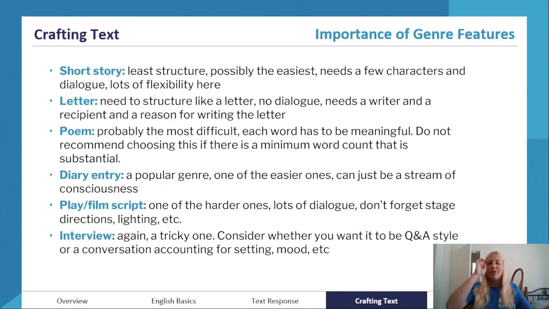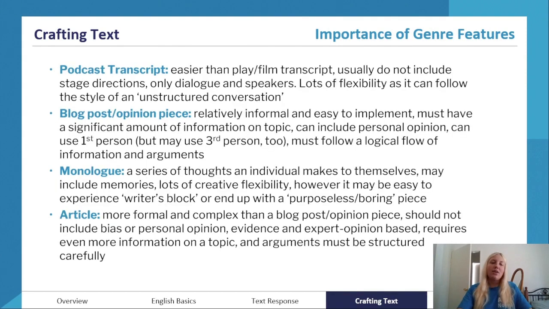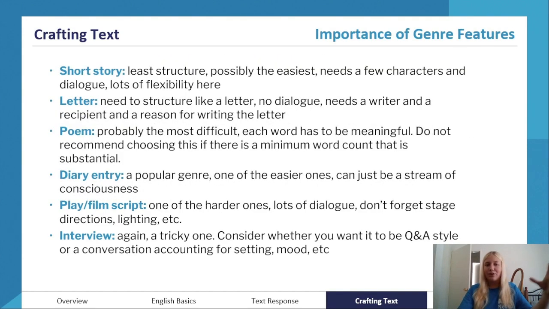So, genre features are important. Bit of a cheat sheet for you guys. As you can see, you've written out all of the main text types. These are the ones that you could realistically write a shorter piece for a school-based assessment or exam. I haven't included novel. A lot of the mentor texts that you will look at will also be shorter. You can be looking at things like short stories, letters, poems.